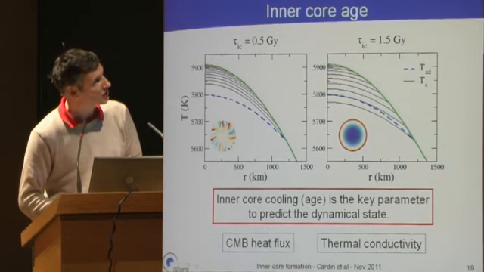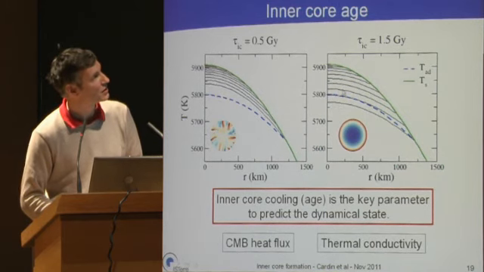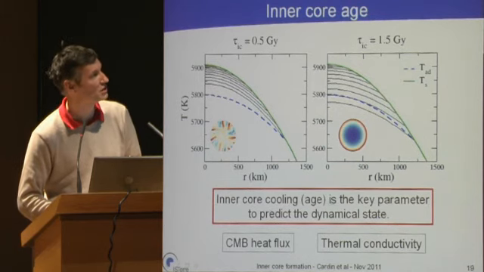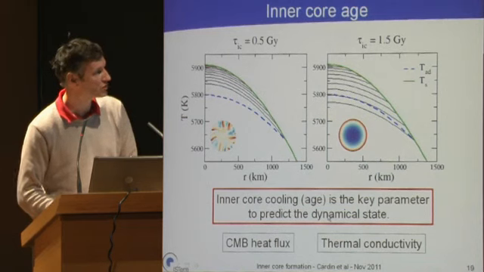So it is very important to know what controls the state, because here you can have thermal convection, here you cannot have thermal convection. So we found that the inner core age is a key parameter to predict the dynamical state.